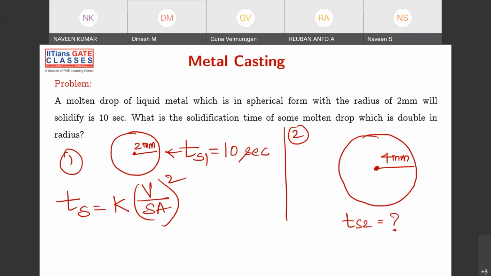Anyone? Prabhakar has 20. What about others? What about others? Okay, let me solve.